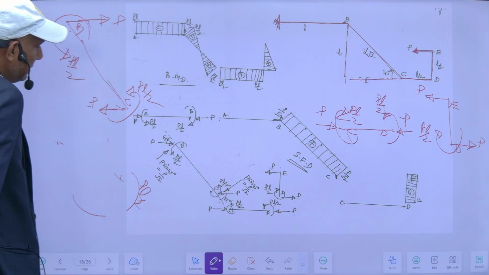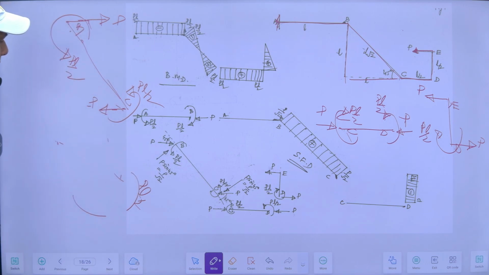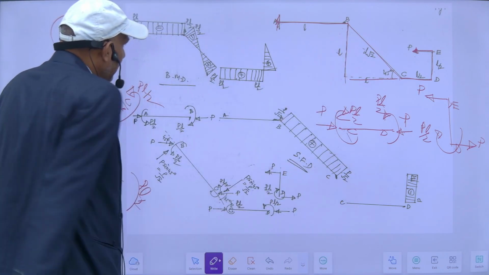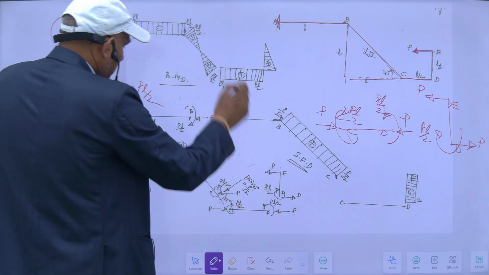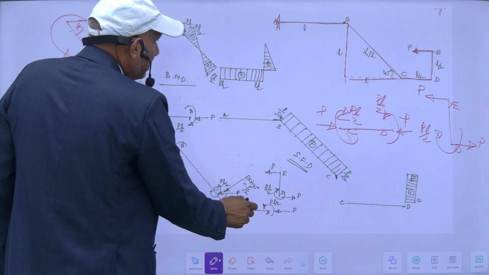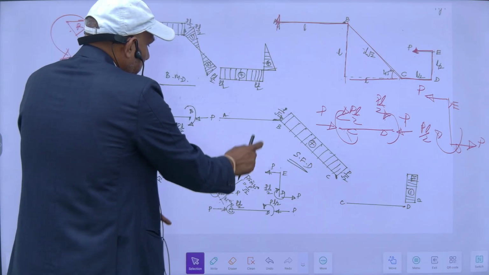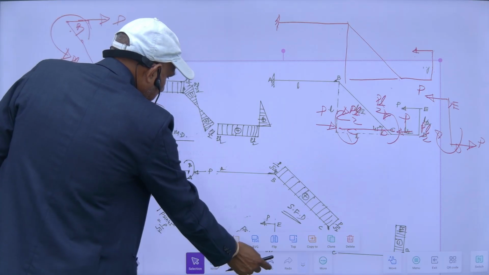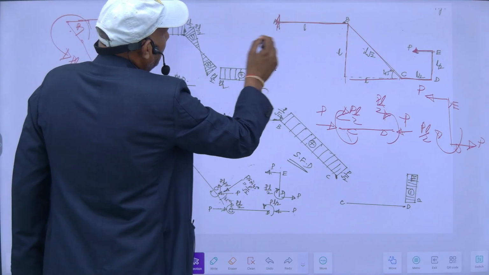Net moment is this PL by 2, and this is P. And for this portion, again, since this is P in these directions, for this portion it will be like this.